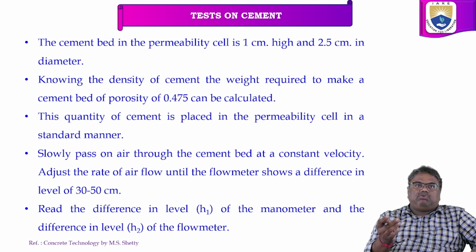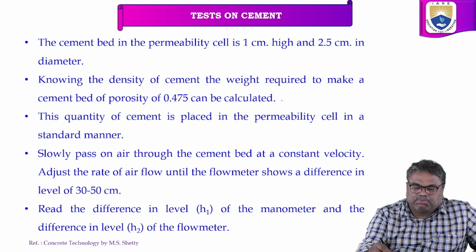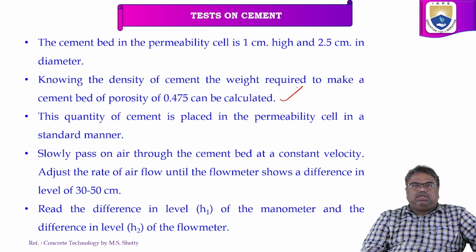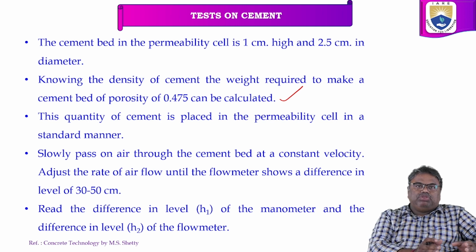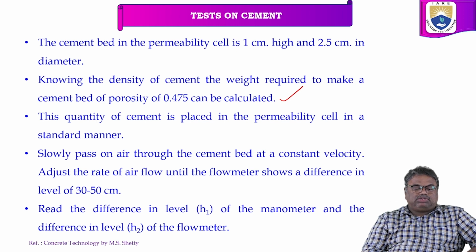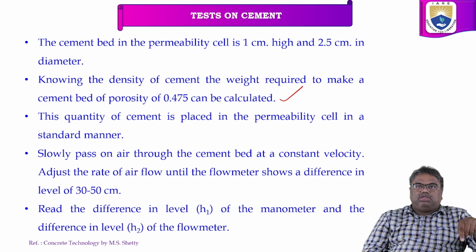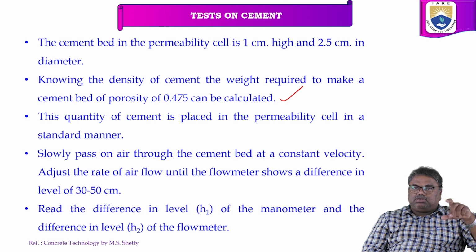We have to place the calculated quantity of cement in the permeability cell in a standard manner and slowly pass the air through the cement bed with a constant velocity.